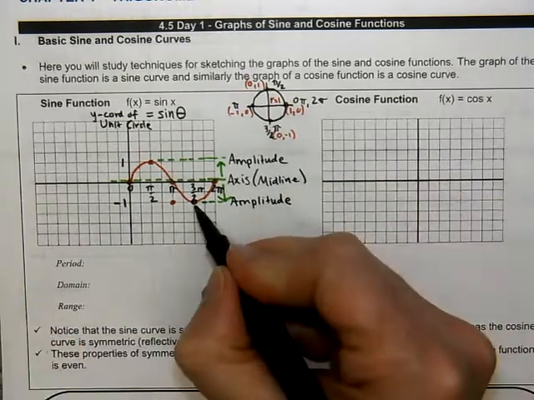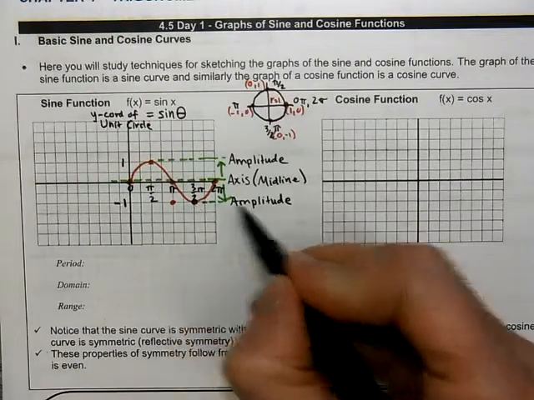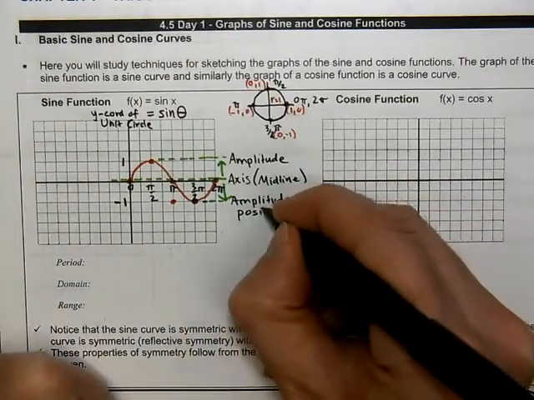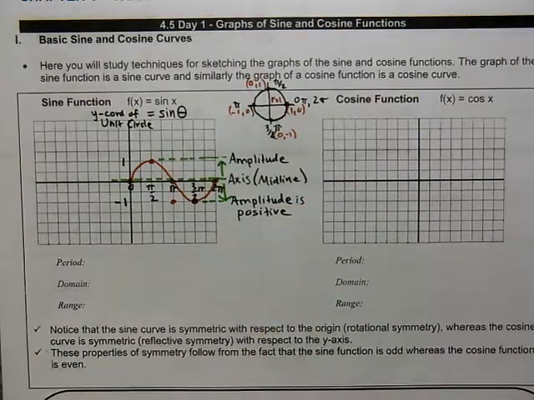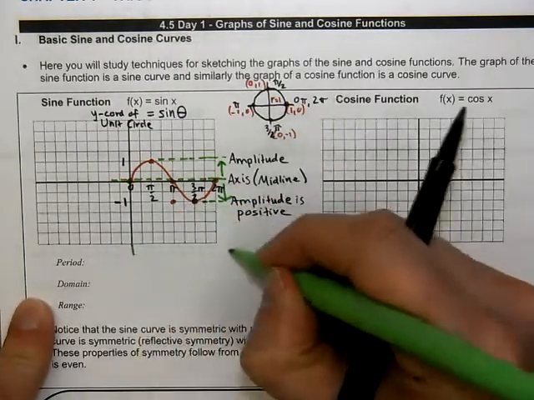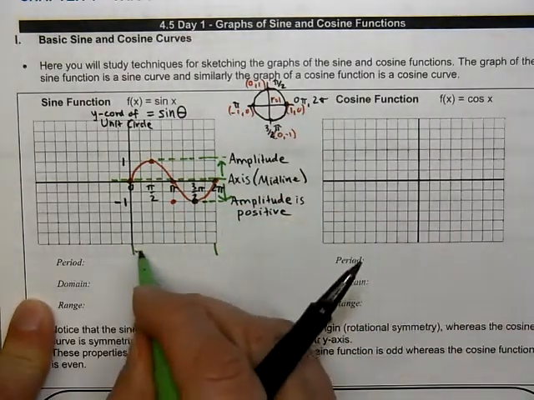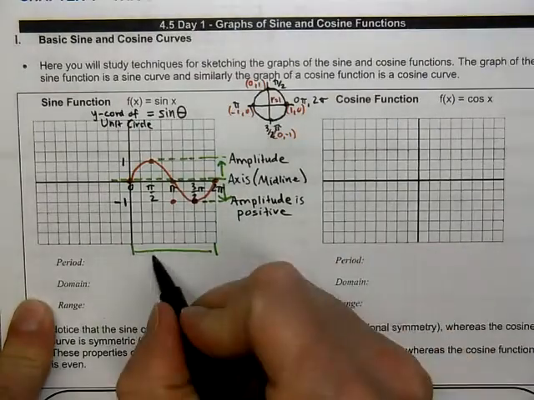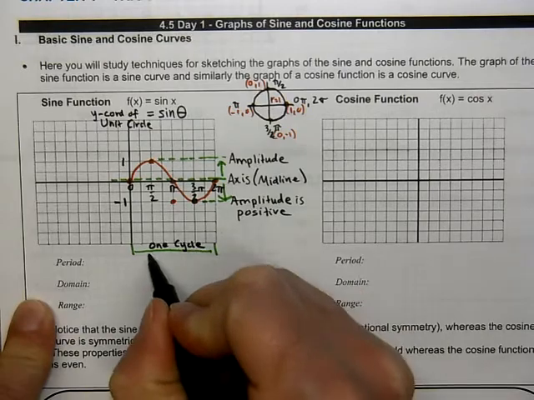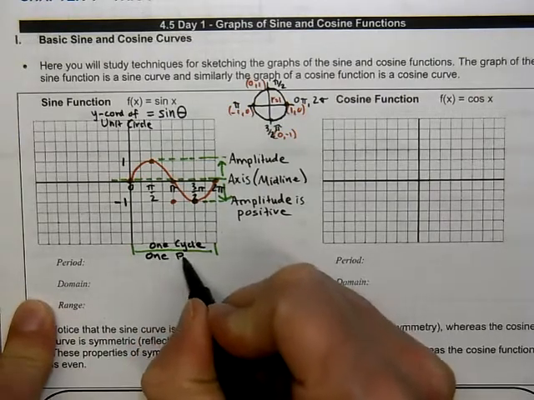But even though I have a negative value on my graph, amplitude is always positive, because it's a distance. It's a distance from the axis. Okay, from the starting value to the ending value, that represents the length of one cycle, which we refer to as one period.